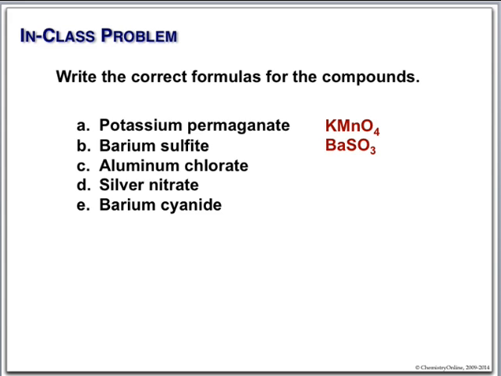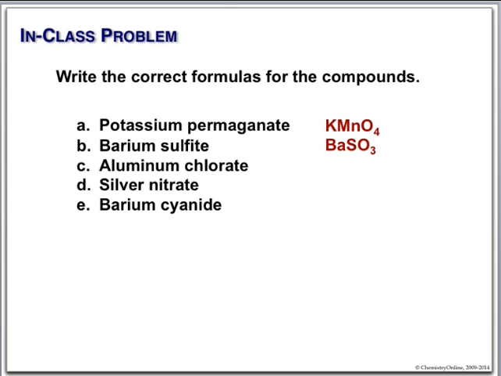Aluminum chlorate. Chlorate is the parent. It has a -1 charge. Now aluminum is in group 3, so it has a +3 charge. So for every aluminum, we have to have 3 chlorates, don't we, to balance it out.